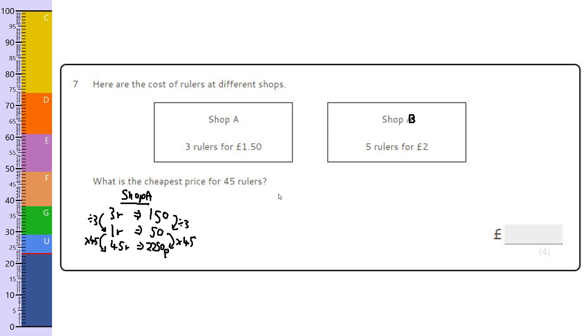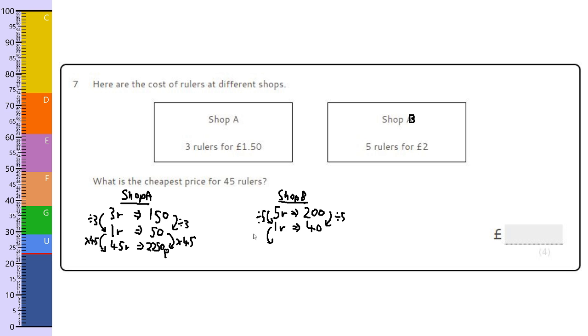Right, let's do shop B. So 5 rulers costs £2, which is 200 pence. So let's work out what one ruler is. 200 divided by 5 is 40. How we've done that is we've divided both sides by 5. If you do divide one side by 5, you've got to do the other.